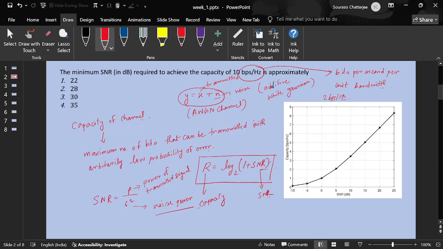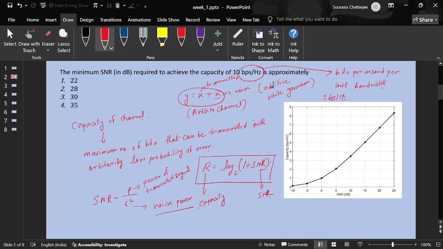Can one of you answer? I am reducing the power of the transmitted signal. What will happen to the capacity of the channel? It will decrease.